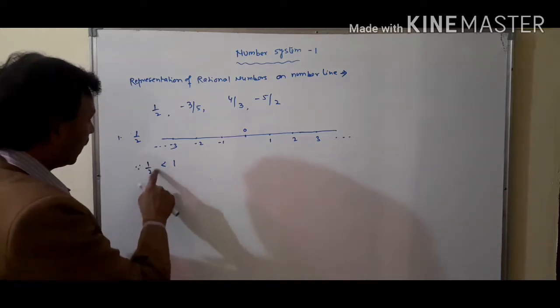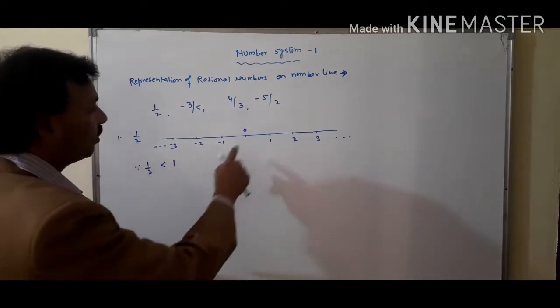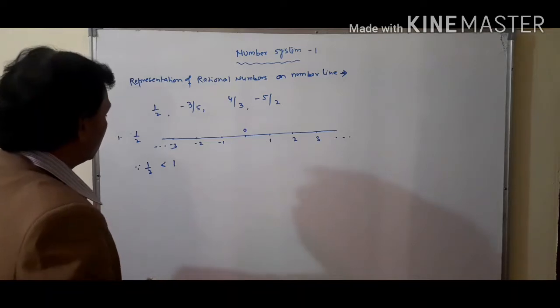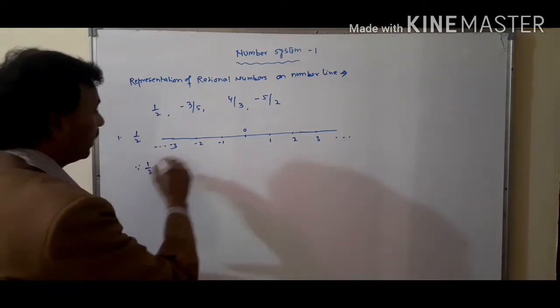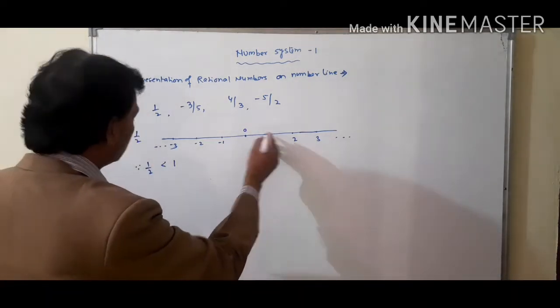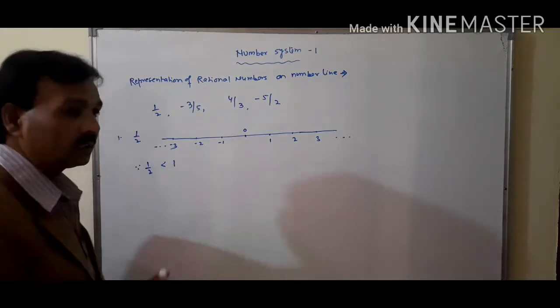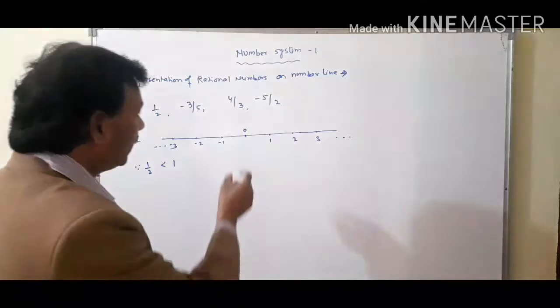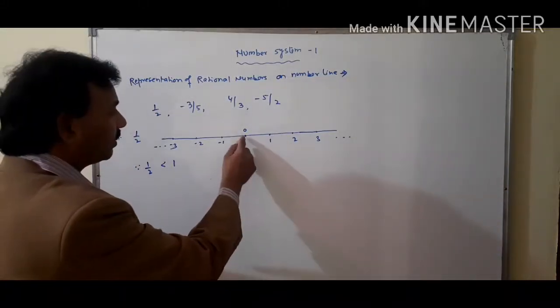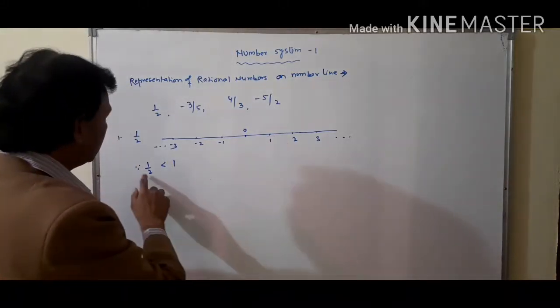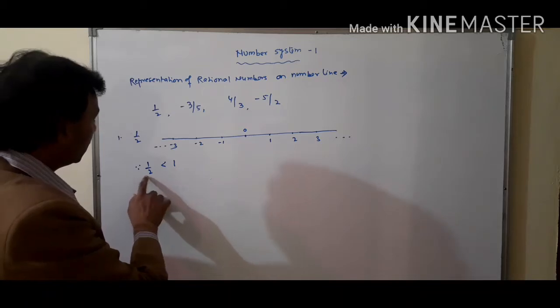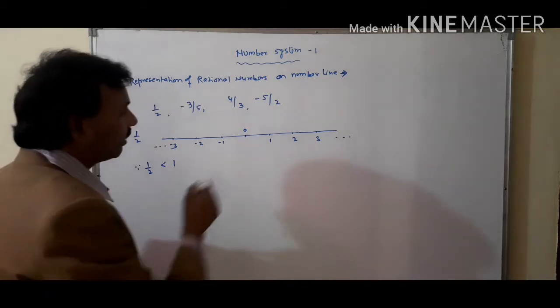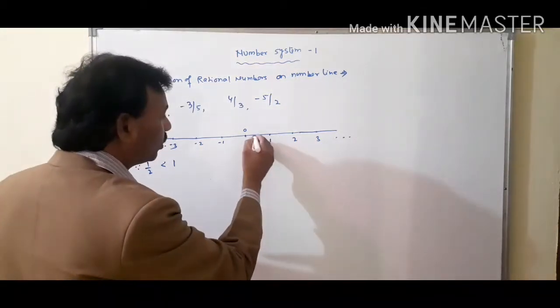For finding the actual location of 1 by 2 between 0 and 1, divide 0 to 1 into equal parts. What is the denominator of the fraction? Divide the whole from 0 to 1 into parts equal to the denominator. Here the denominator is 2, so divide 0 to 1 into two parts.